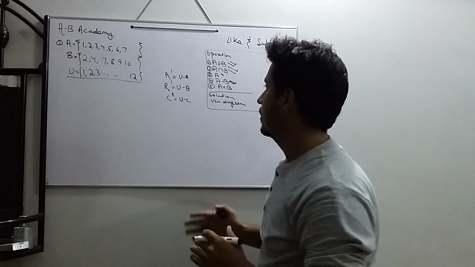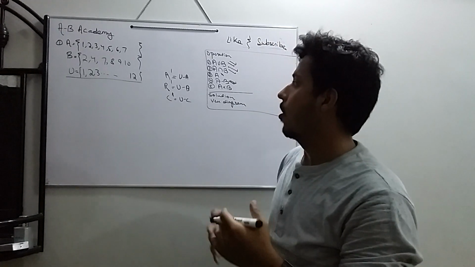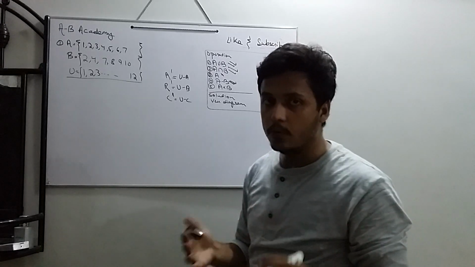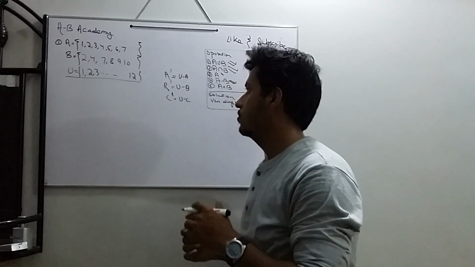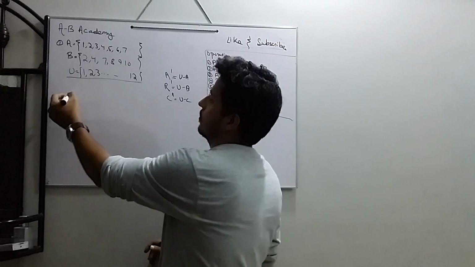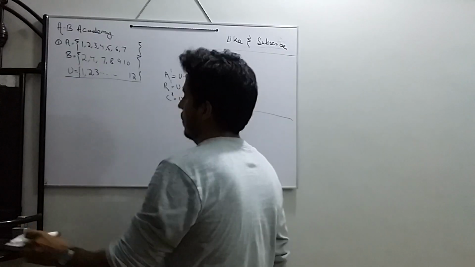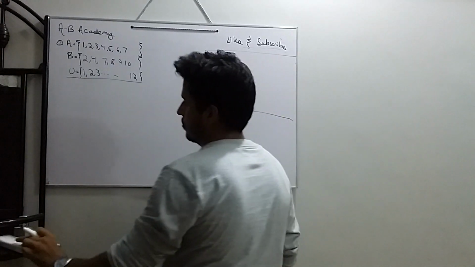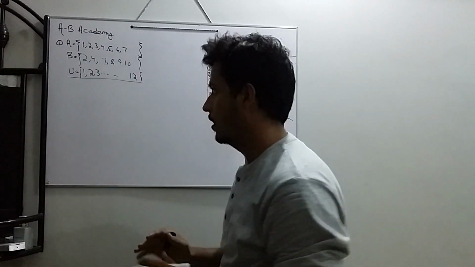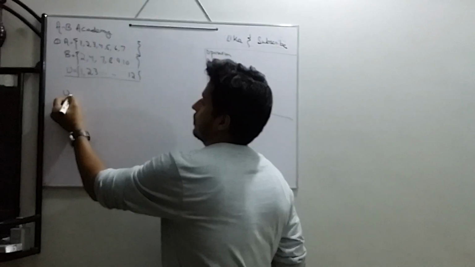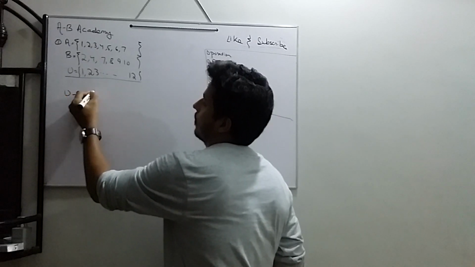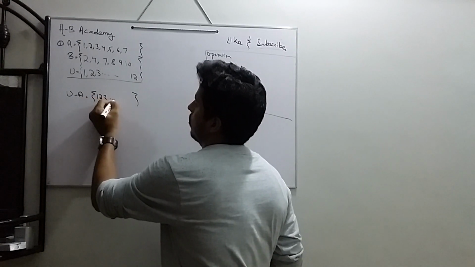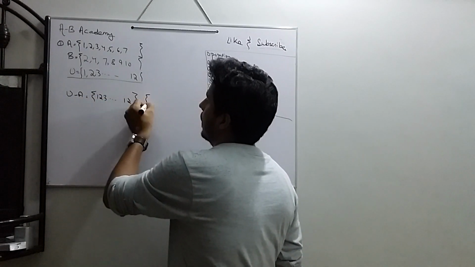Okay, and we have already done the minus function, and I hope you know how to do it, but I'm doing it again just to make this concept clearer to you. U minus A: 1, 2, 3, dot dot dot 12.